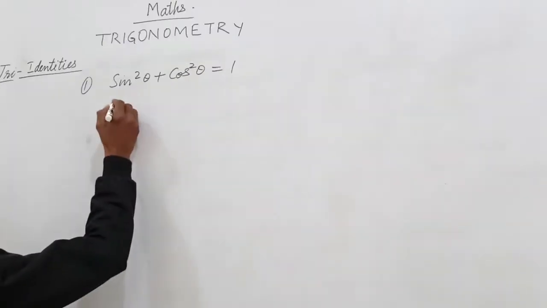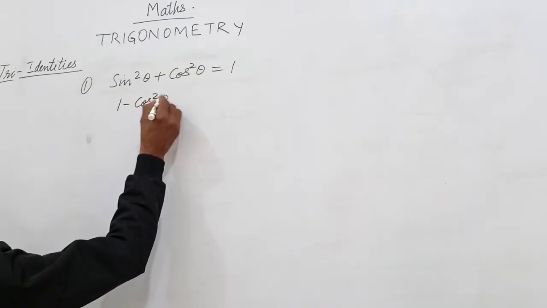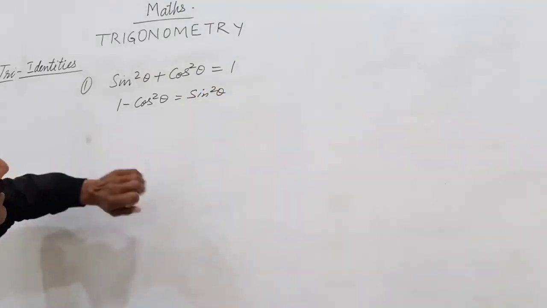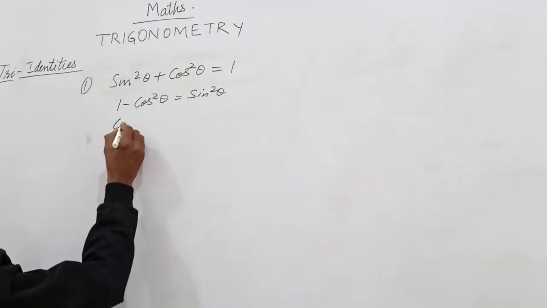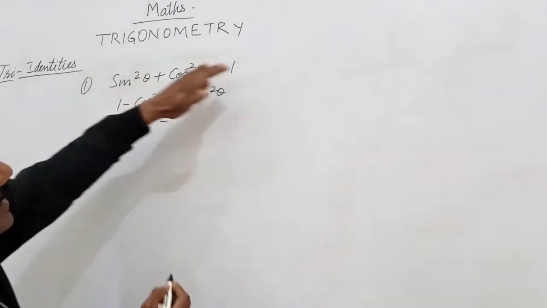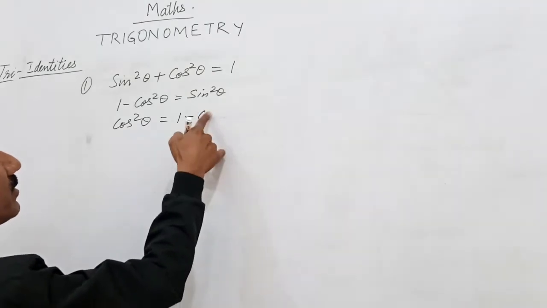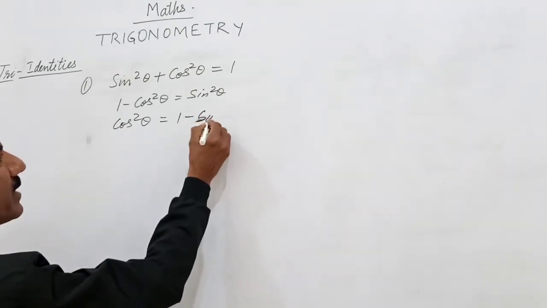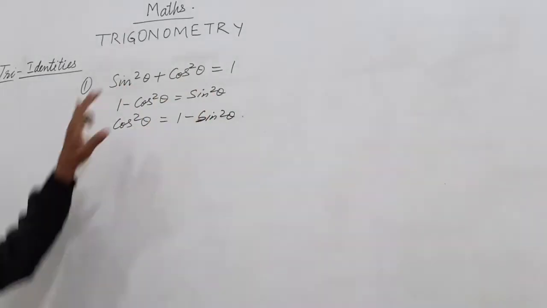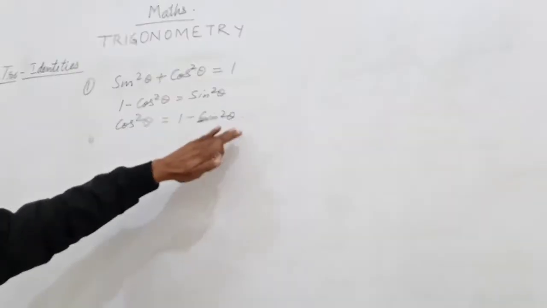This identity can be written as 1 minus cos square theta is equal to sine square theta. Similarly, if cos square theta is to be found, then sine square theta is transposed, and it will be equal to 1 minus sine square theta. So this identity can be written in two forms.